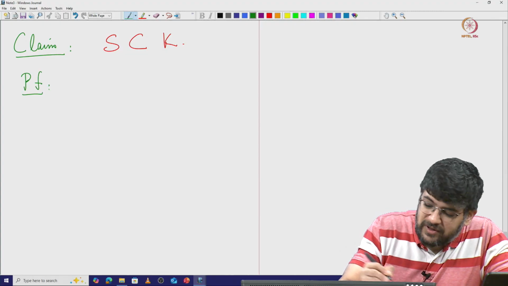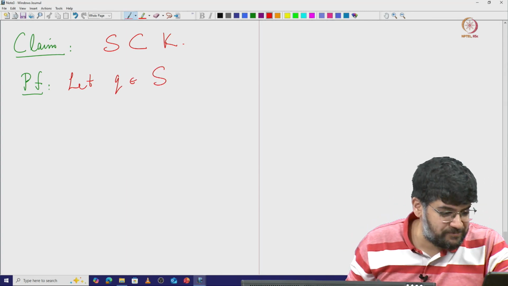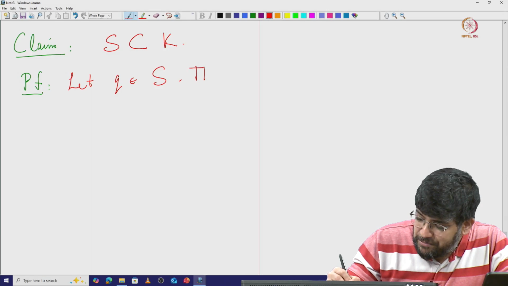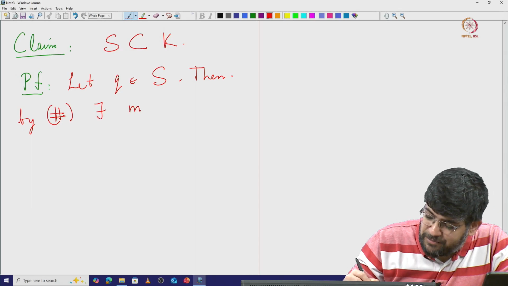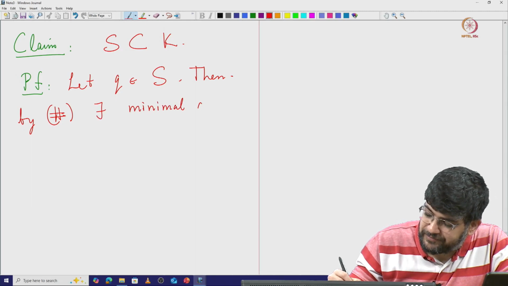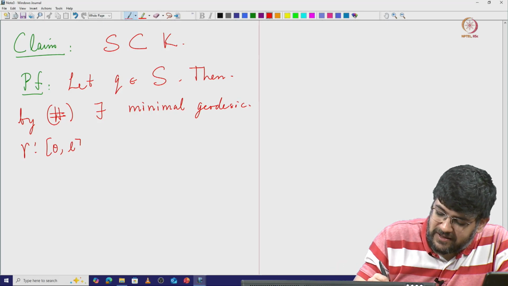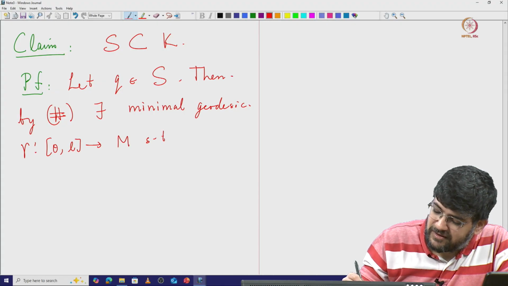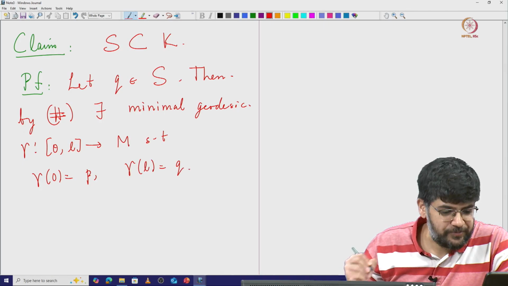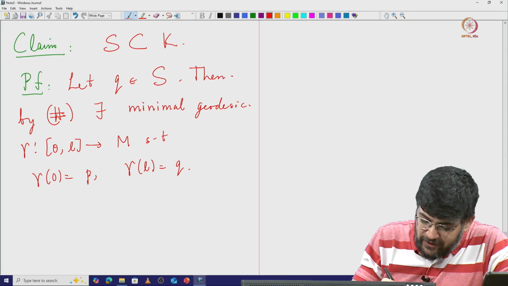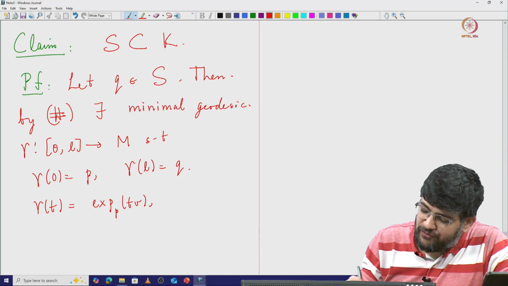So why is this true? Let Q be any point in S. Then by hashtag there exists a minimal geodesic gamma from 0 to L, let us say, such that gamma of 0 is P and gamma of L is Q. One can in fact write gamma of t as the exponential of tV, where V is some unit vector.